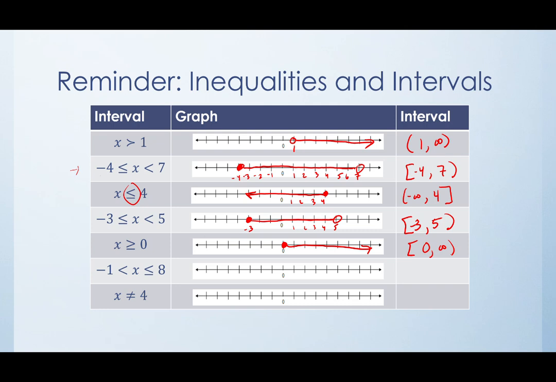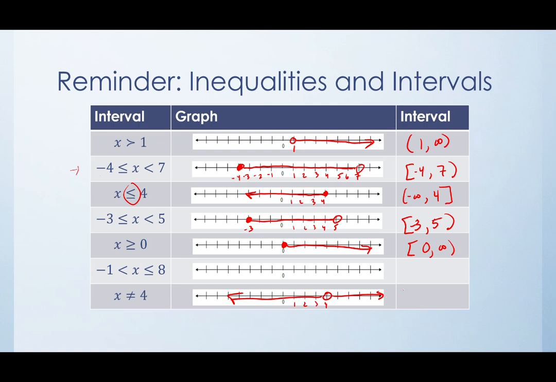I'm not going to do this next one. I'm just going to do the last one because the -1 to 8, it's the same. We already did 2 of those, right? So x not equal to 4 says that basically it's everything but 4. So we're going to put an open circle at 4, and all the numbers to the left and to the right are included.